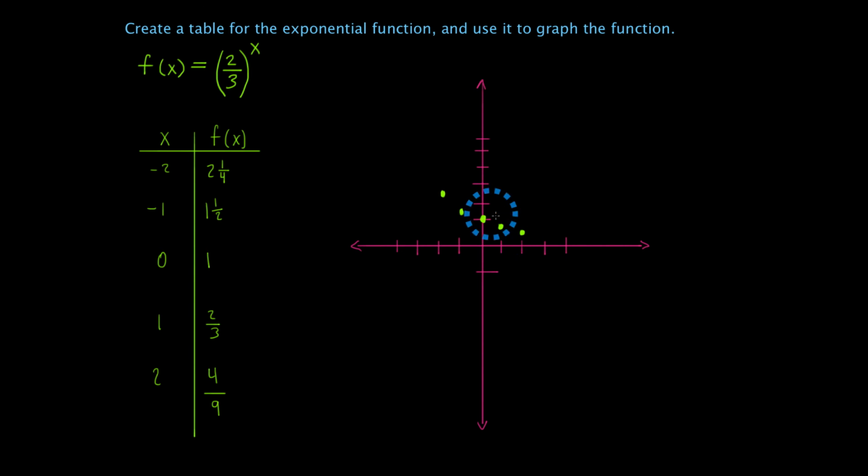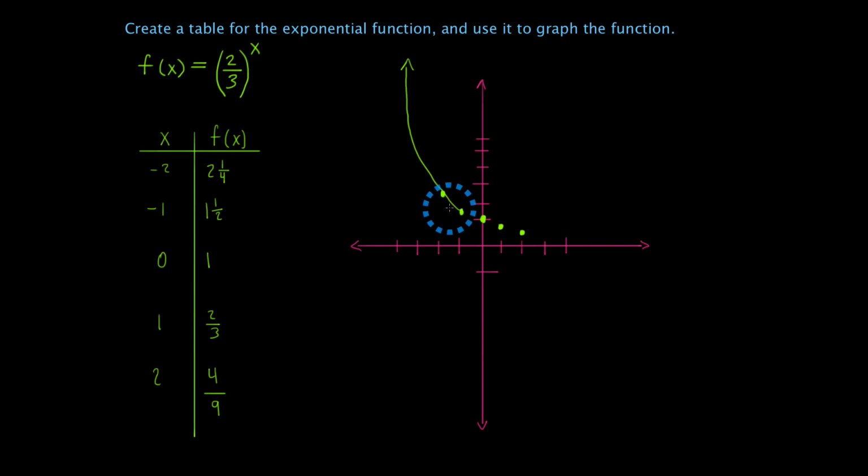And what we can see here is that there is a curve. I'm going to try to make this as neat as possible. So what's happening here is our graph is starting high and it's shrinking quickly.